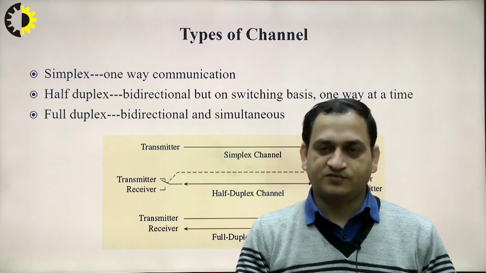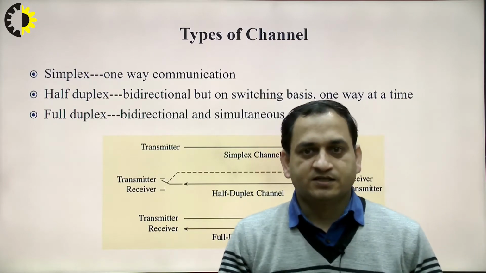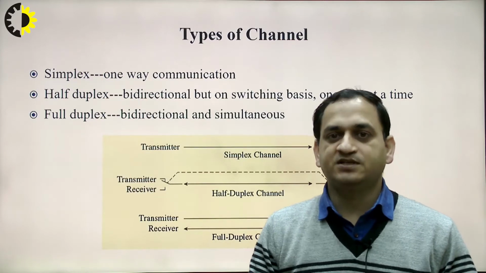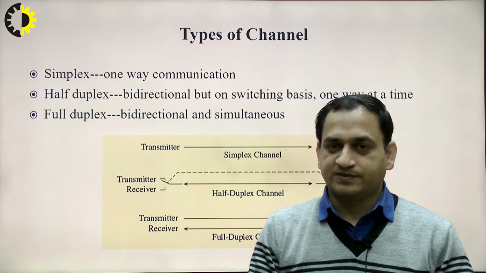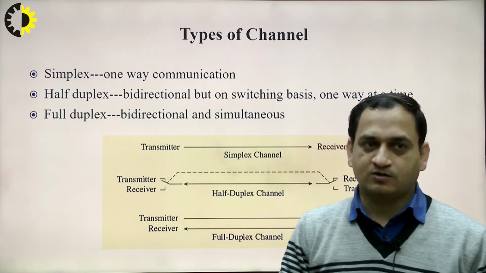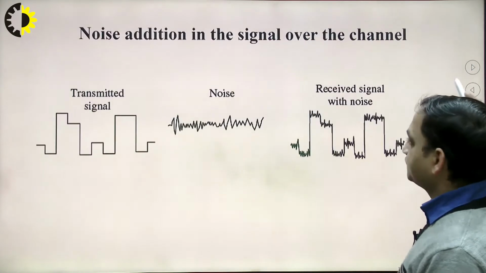This is half duplex. The third one is full duplex. In full duplex it is bidirectional, and simultaneously we can transmit the signal from one point to another point, or receive at the same time. This is full duplex, or the bidirectional.